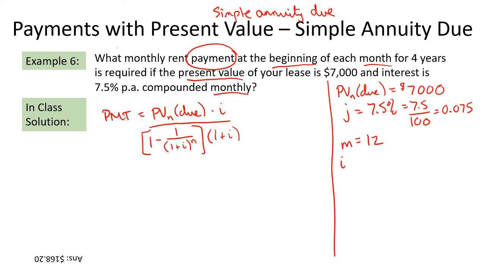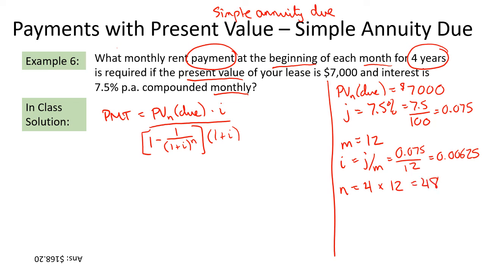So that gives you a periodic interest rate, I, is J divided by M, which is 0.075 divided by 12, which is 0.00625. The last item that you need, N, okay, so it's given that these payments are for 4 years, and you have 12 payments a year because it's monthly, so that gives you a value of N of 48.